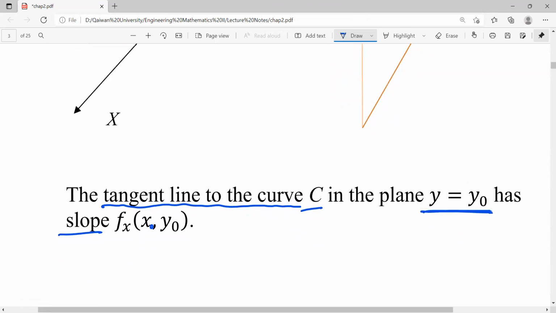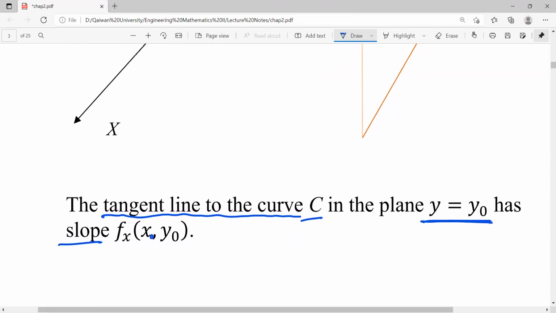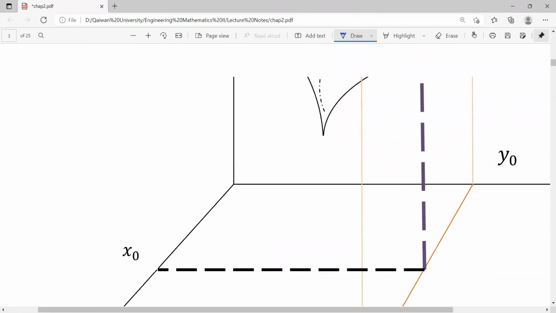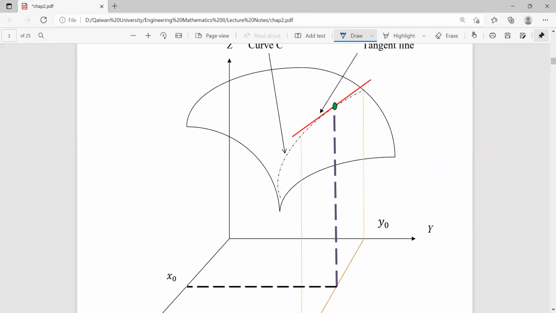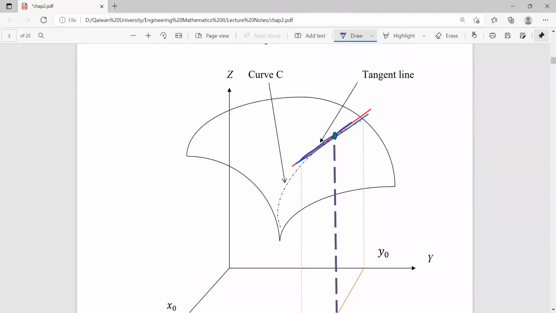To find the slope of the tangent line of a curve in the plane y equals y naught, look, in this plane, and this plane is parallel to what? This is x and that's z. This is the xz plane.